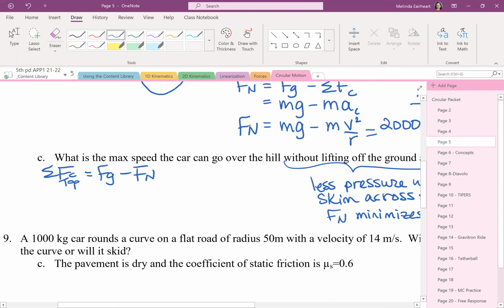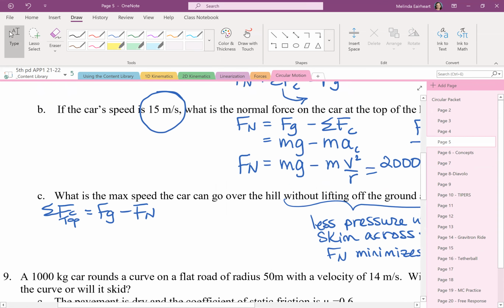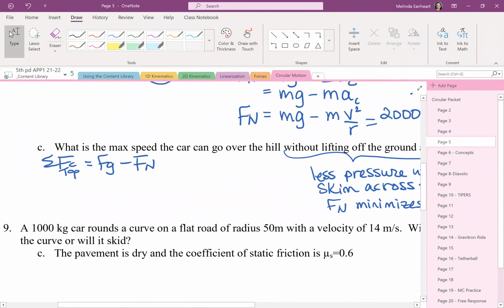But notice they don't tell us the new normal force. You can't just use 10,000. You would just be repeating what you've already done. The max speed is not 15, okay? And so here's that Fn reducing to zero.